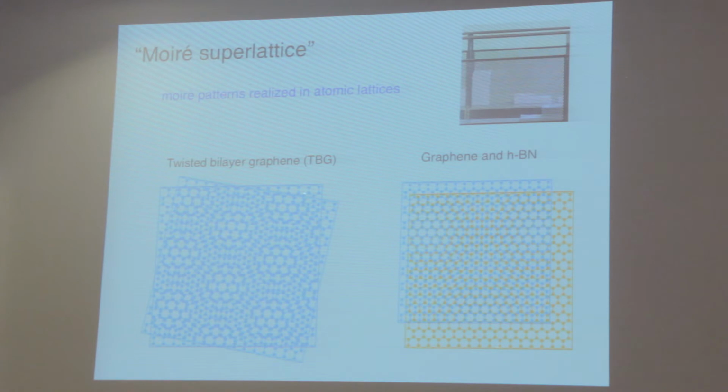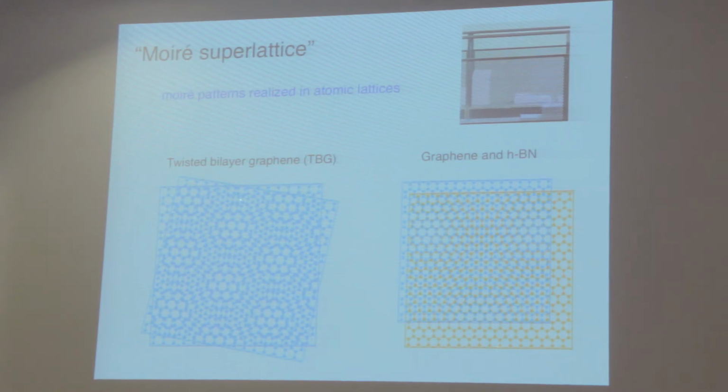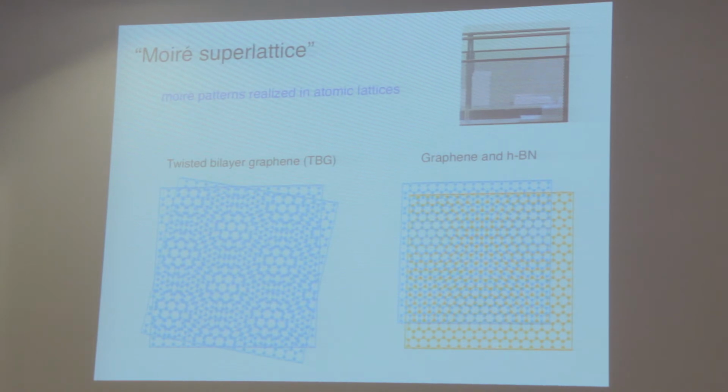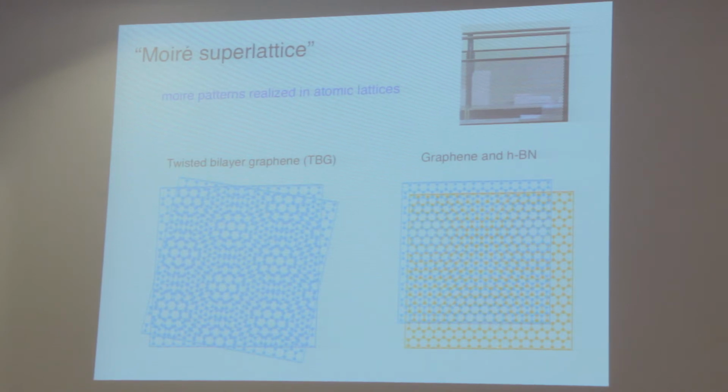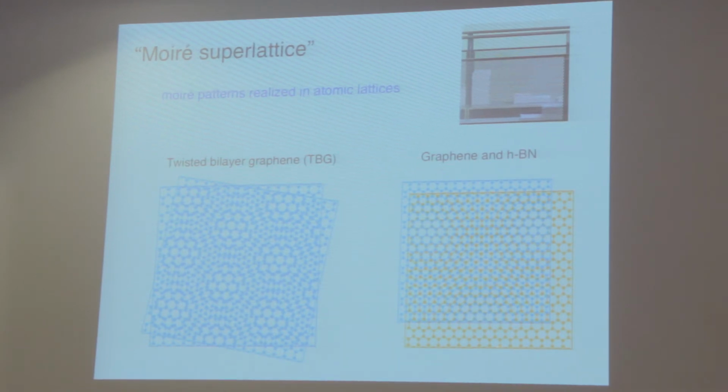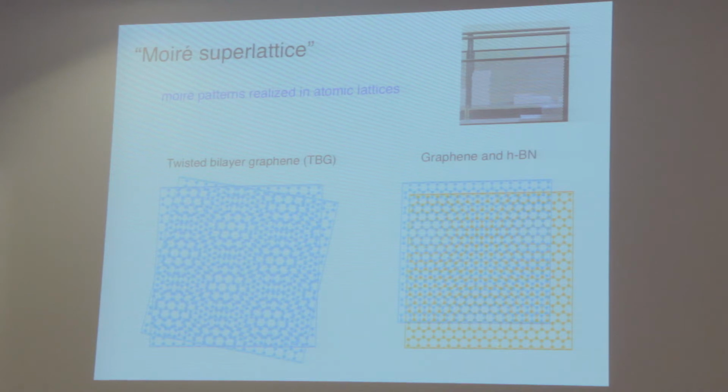For example, you can take two graphene layers and tilt one layer by, say, 1 or 2 degrees with respect to the other, and then we have a slightly different lattice period in layer 1 and layer 2. Then we get a beating. The beating comes from the difference between the wave vectors of layer 1 and layer 2. When they are very close, we get a very small k vector difference, and the wavelength is the inverse of this, so that's why we get a very large period.